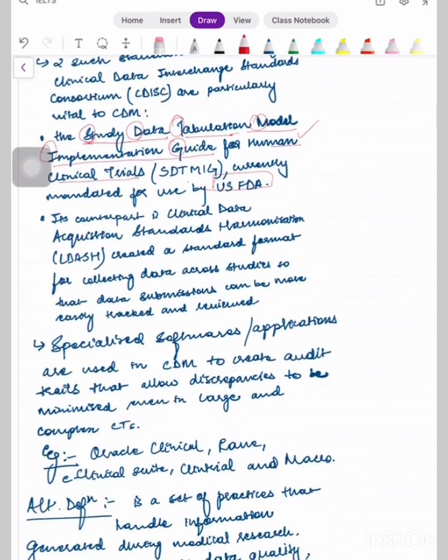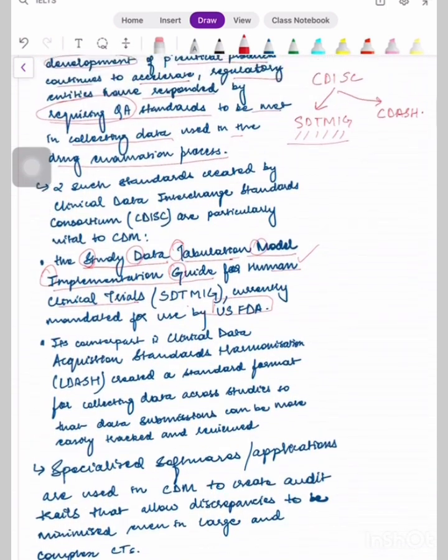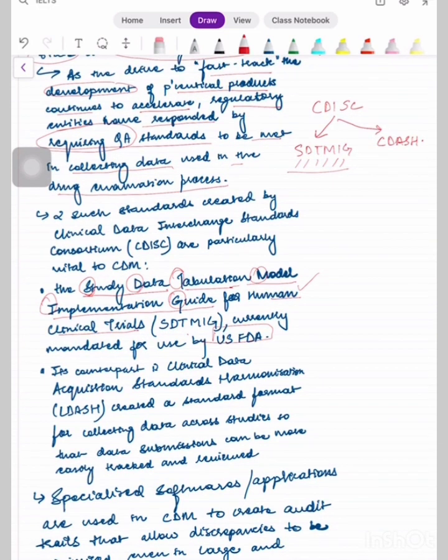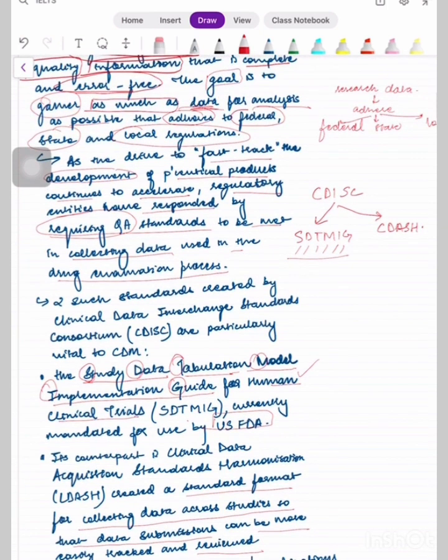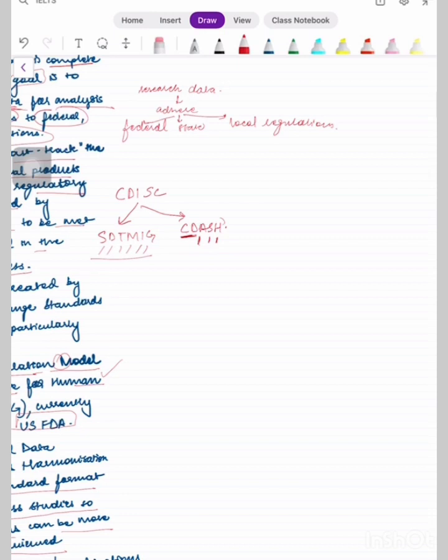And similarly, its counterpart, Clinical Data Acquisition Standards Harmonization, created a standard format for collecting data across studies so that the data submission can be more easily tracked and reviewed. What is this? Clinical Data Acquisition Standards Harmonization. Now the word harmonization is given.